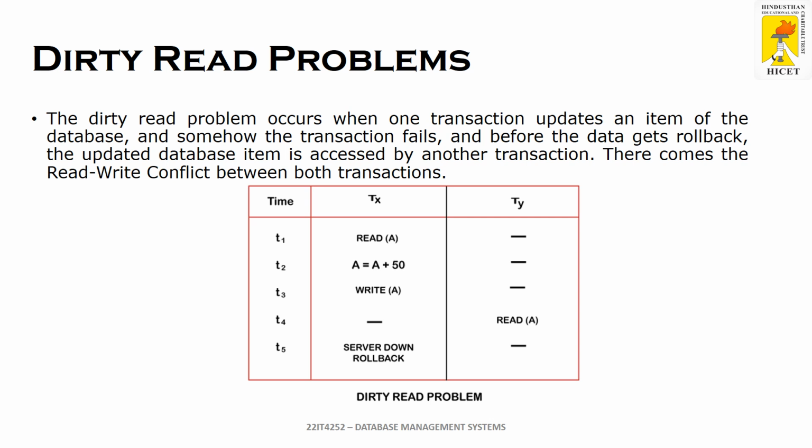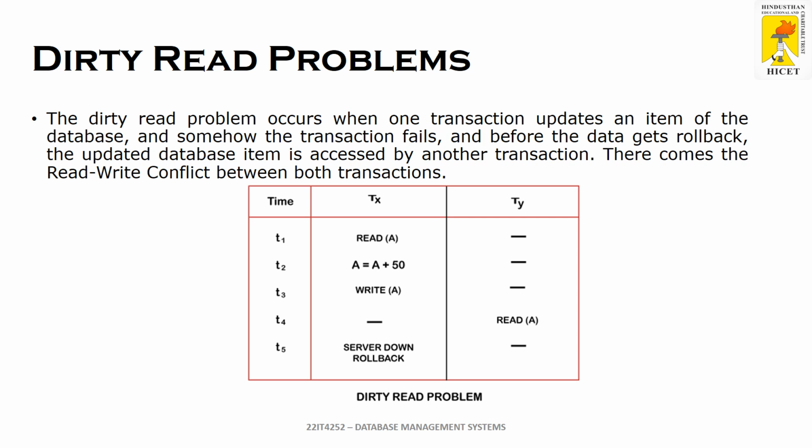The second one is the dirty read problem. It occurs when one transaction updates a data item of the database and somehow the transaction fails, and before the data gets rolled back, the updated data item is accessed by some other transaction. Here we have two transactions, Tx and Ty. At time t1, Tx does A equals A plus 50, and at times t2 and t3 the write operations are done by Tx.